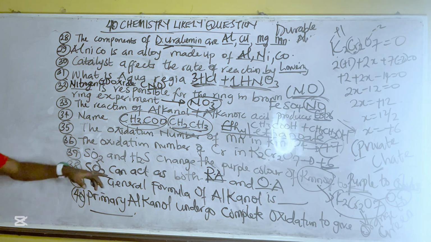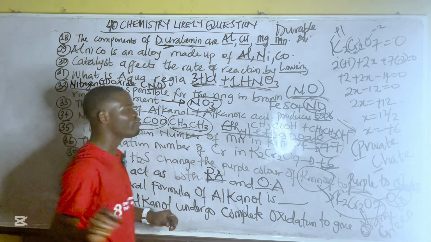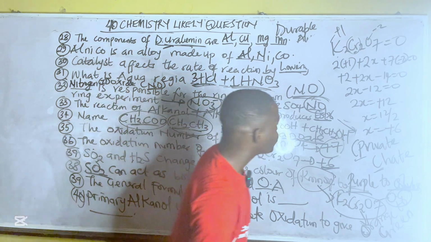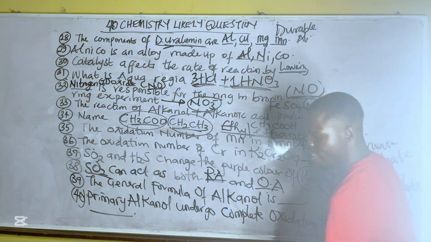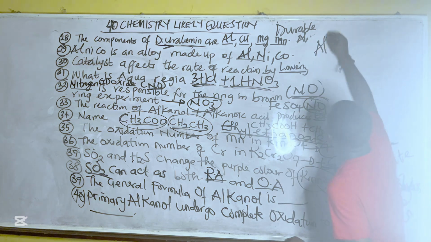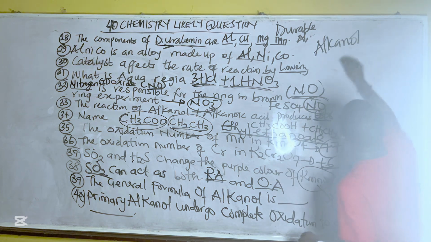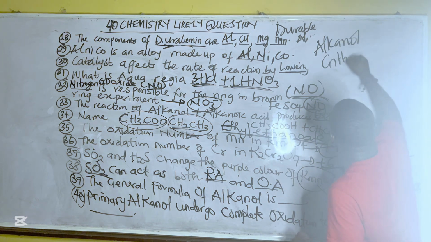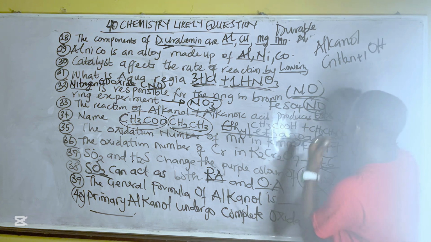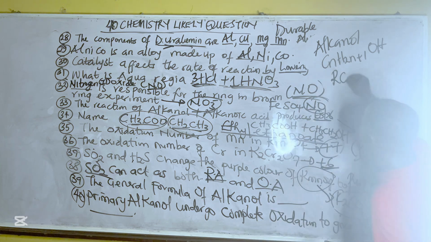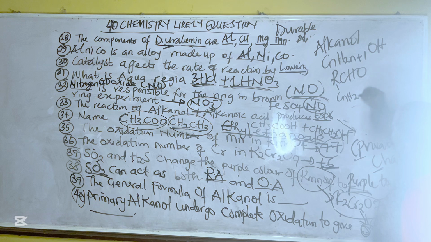The general formula of alkanol is dash. You must never forget this one. Alkanol is CnH2n+1OH. If it is other ones, let's say we have alkanal, RCHO, so it is CnH2n+1CHO.